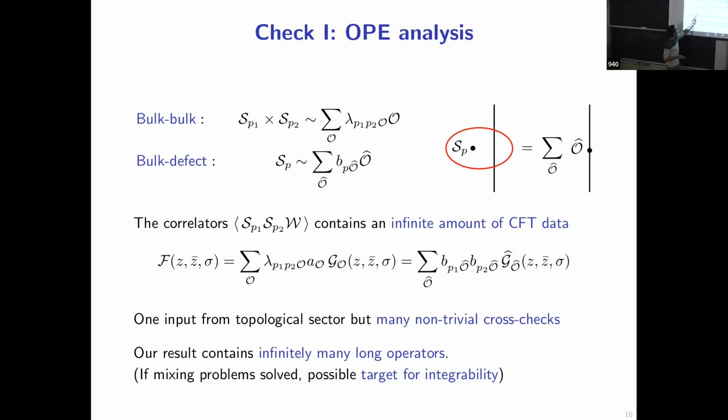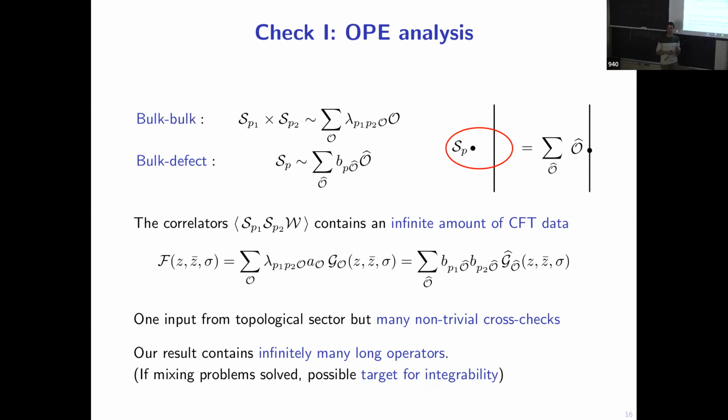Sorry, I was just saying that I was using here CNC lines, but now it doesn't matter. But yeah, the whole point is that many of these are unprotected and they are still captured by these results. The only caveat is that sometimes, like in N=4 super Yang-Mills, in other theories, there are nearly degenerate operators. And then it's a non-trivial task to figure out the unmixed combinations of CFT.